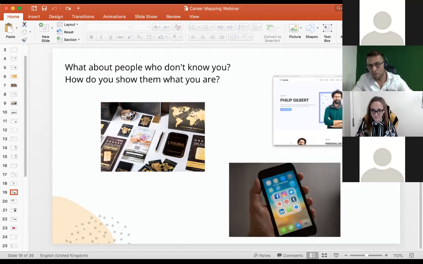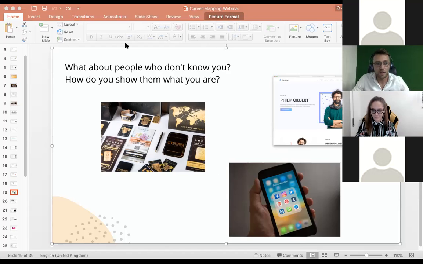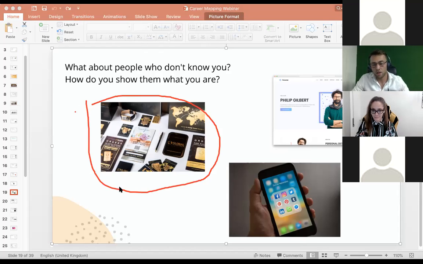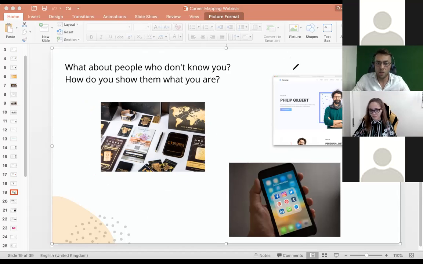And you can see some examples here. Some are more traditional than others. You can see the first image on the left: business cards, flyers, leaflets, presentations. This is a more traditional method of promoting ourselves. Then we also have a personal website.